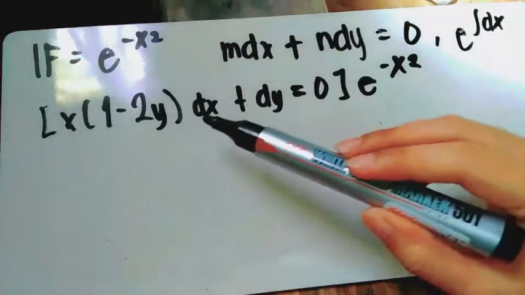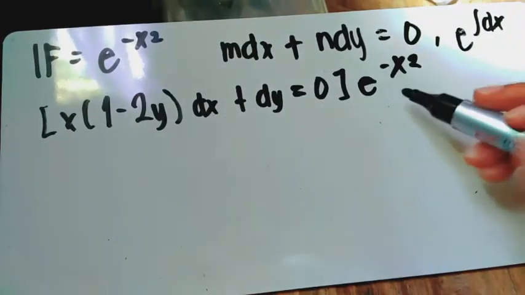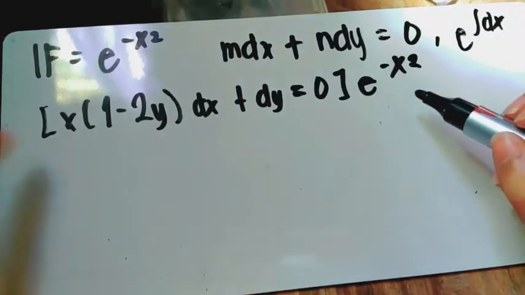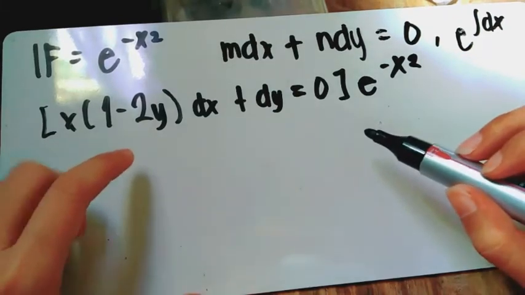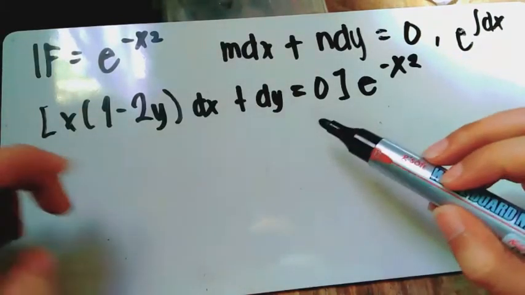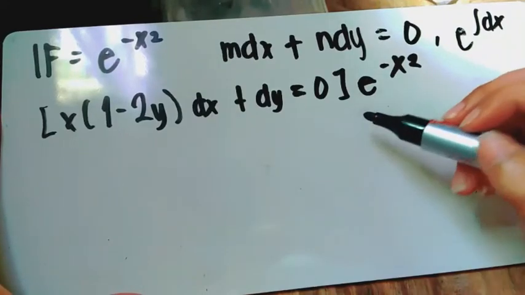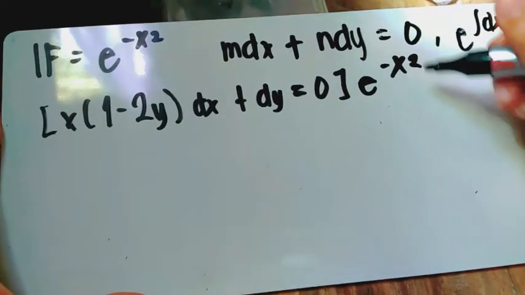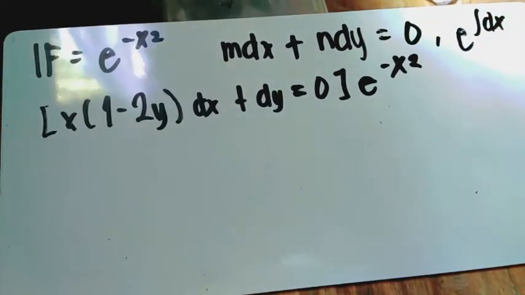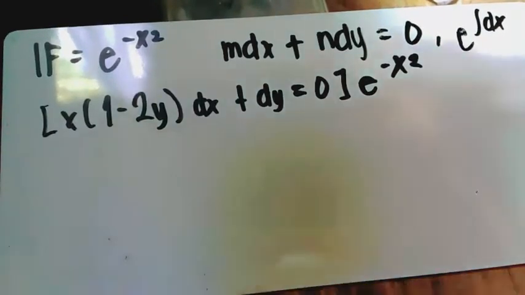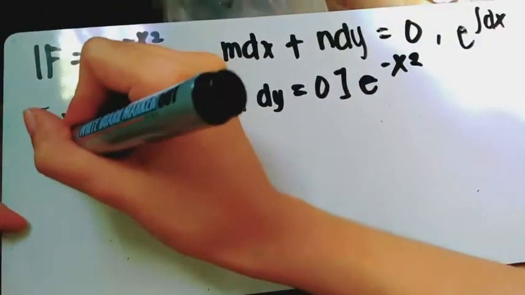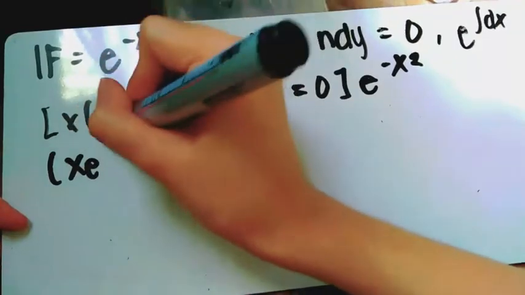So, ito na yung mdx plus ndy is equals to 0 natin. Wherein ito yung x is to 1 minus 2y dx plus dy is equals to 0. And e raised to negative x squared. Solve lang natin.